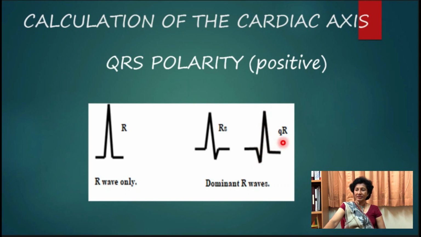It is termed as simple Q capital R complex. In this complex, again, the polarity is positive and the QRS vector is upwards. Therefore, if you see this kind of QRS complexes, they have positive polarities and their vectors are upwards.